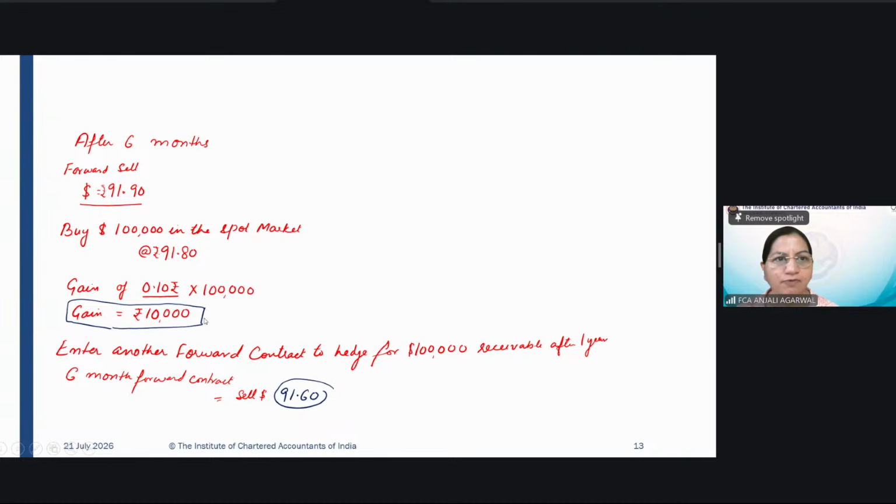So let's move after 1 year of the contract. Square off your position of the forward contract by buying from the spot market.